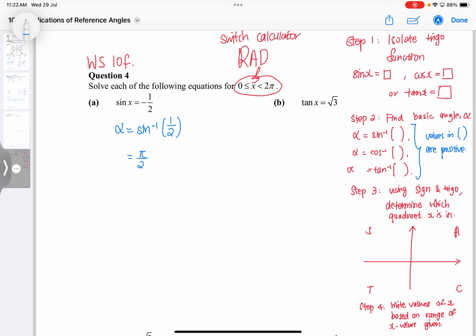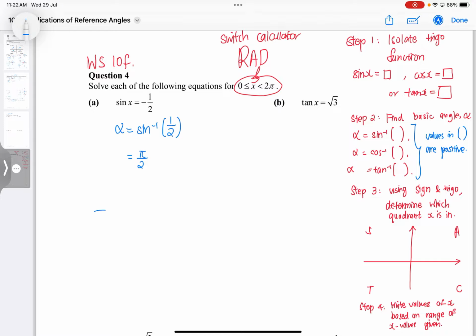Never mind, still can do. Then step 3, using the sign and the trigo ratio, determine which quadrant it is in.